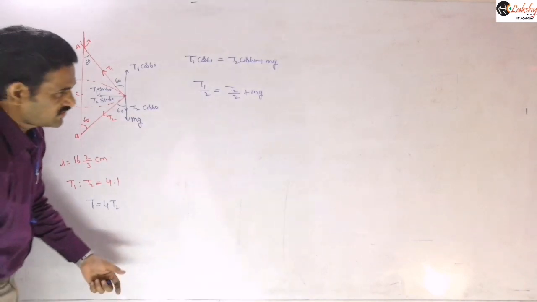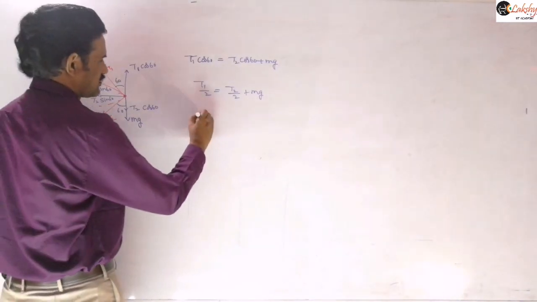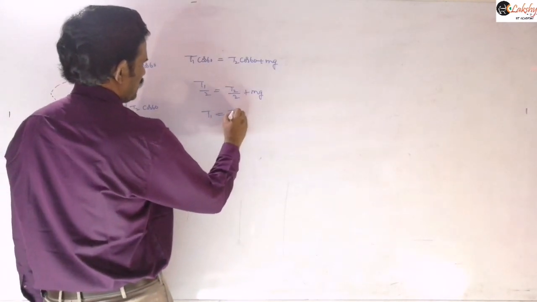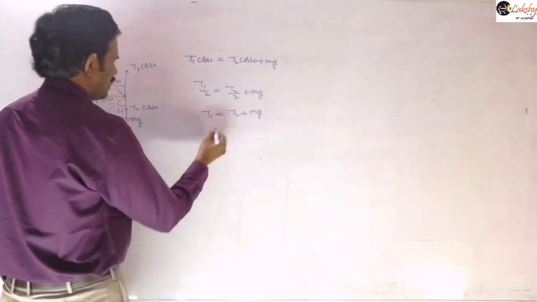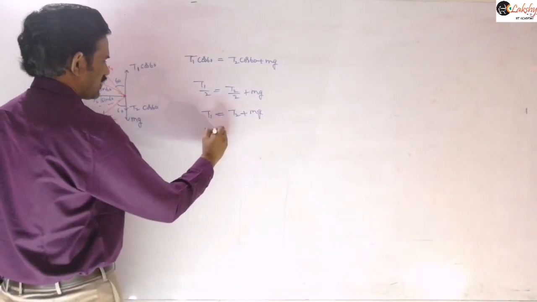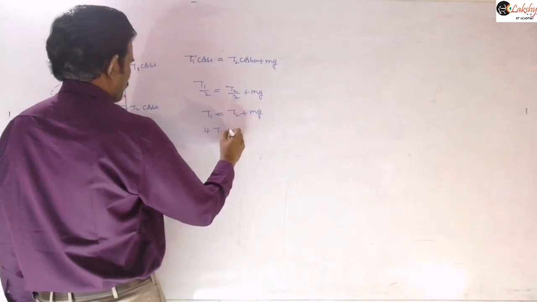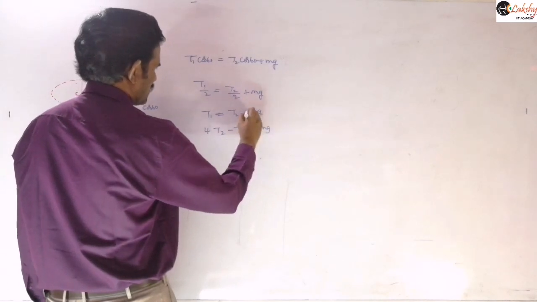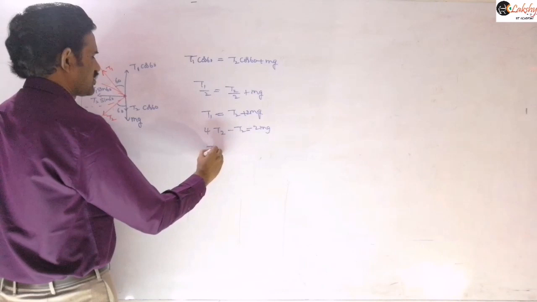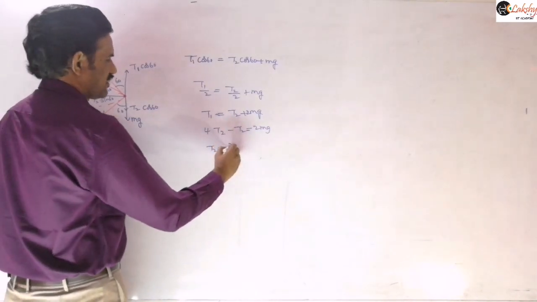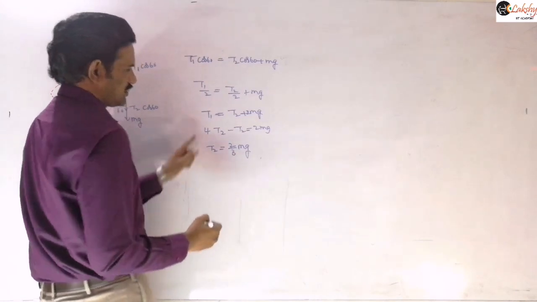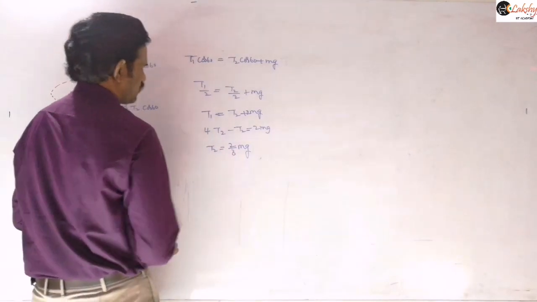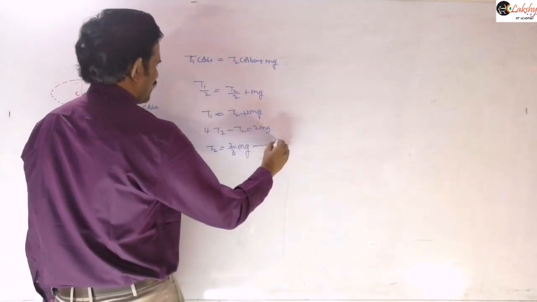Substituting in the relation, T1 is equal to T2 plus 2mg, so 4T2 minus T2 is equal to 2mg. Therefore T2 is equal to 2 by 3 mg, and this is our equation 1.